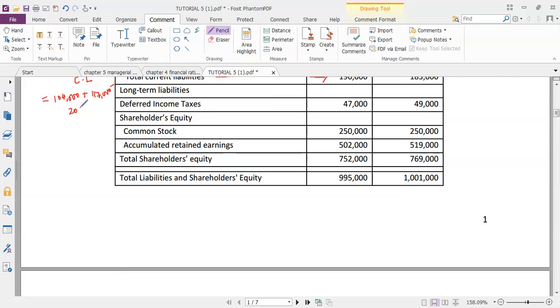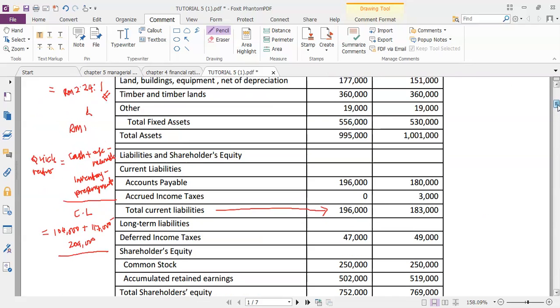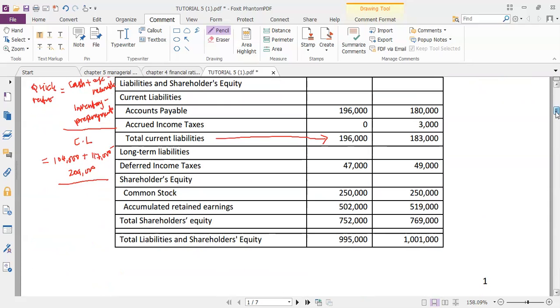Divided by current liability, that is 196,000. So what is the answer for this? 104,000 plus 117,000 minus 209 divided by 196.